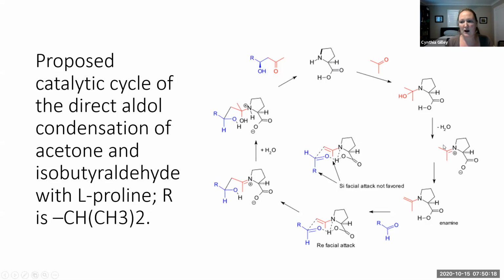With water, we can go back, so it's a reversible process. So water can do a nucleophilic attack on the carbon of the iminium ion, eventually leading to an alcohol group there. And then this can act as a leaving group. We can break this carbon-nitrogen bond, and will reform the carbonyl and the secondary amine catalyst. And the catalyst is free to react with another acetone and complete another catalytic cycle.